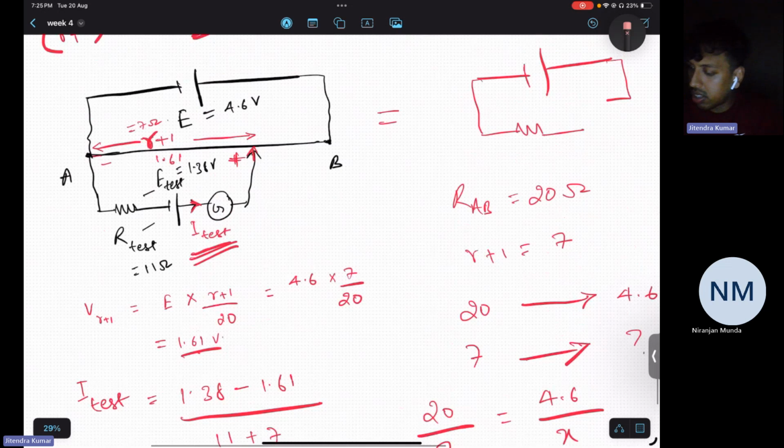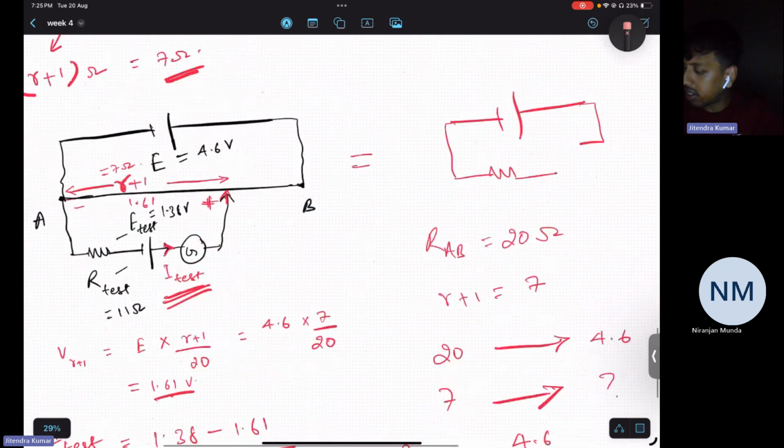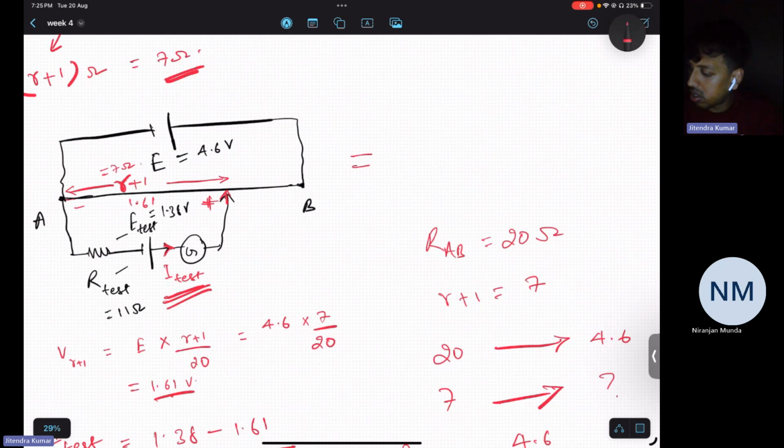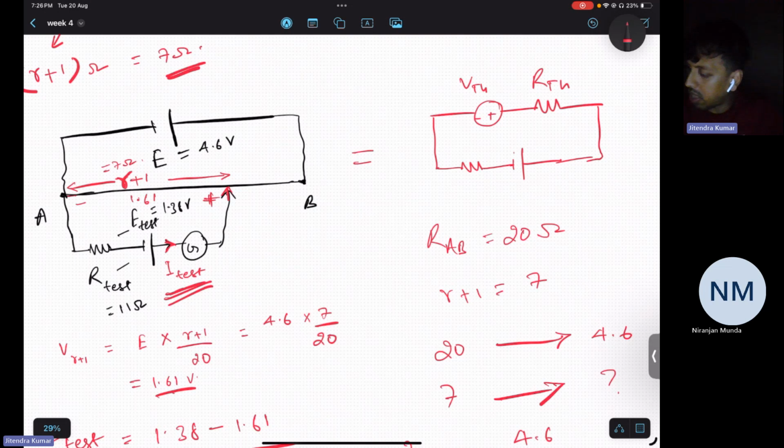Because VTH, we cannot just do straightforwardly like this. So we have this equivalent circuit. Let me draw this. The polarity is like this, VTH. Now we need to calculate RTH, and it is across this value, isn't it?